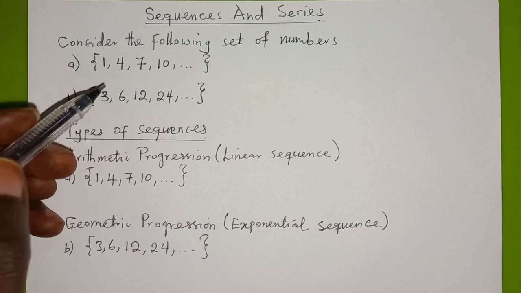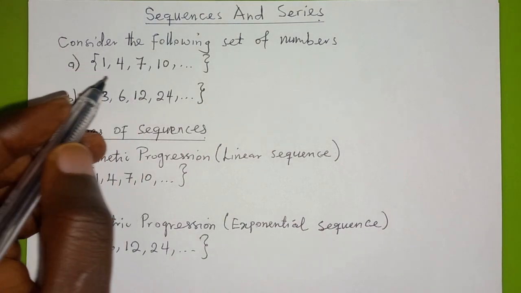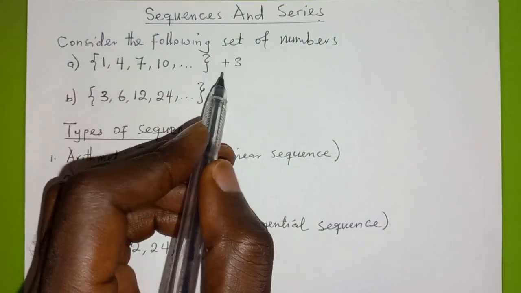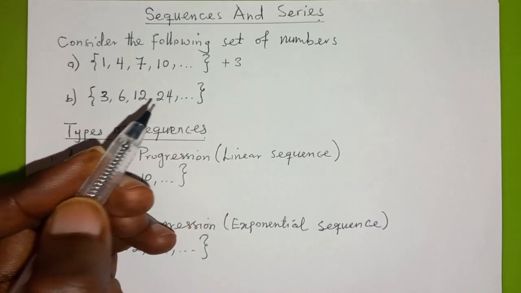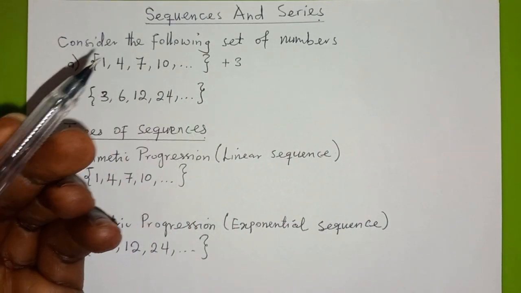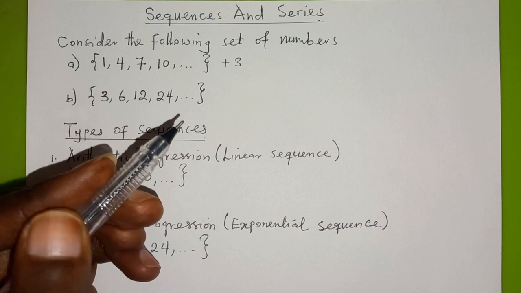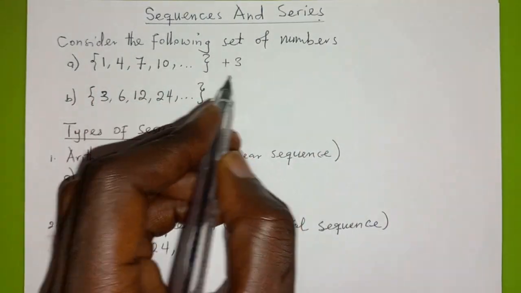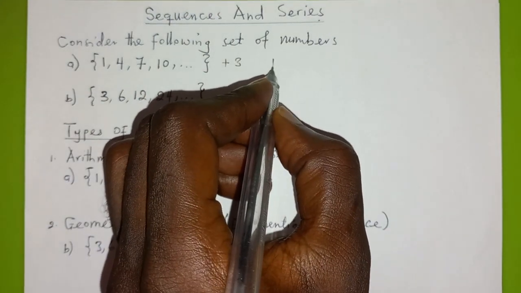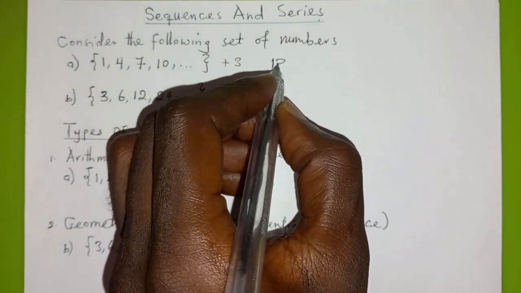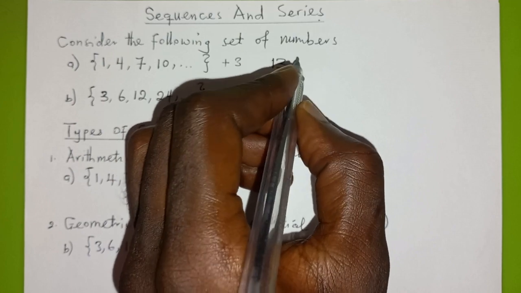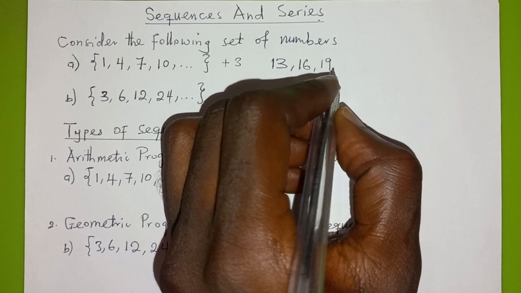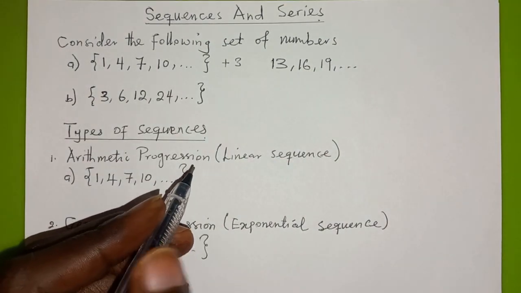Okay. So just as I said earlier, when we add 3 to this particular set, we should be able to get the subsequent terms. And just to write a few, when we add 3 to 10, we are going to get 13, 16, 19, in that order.